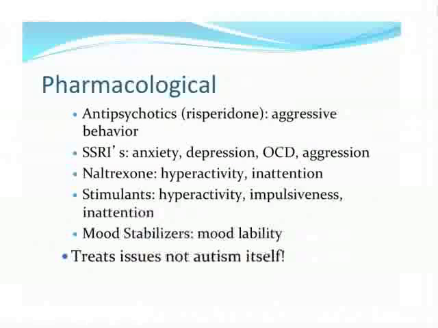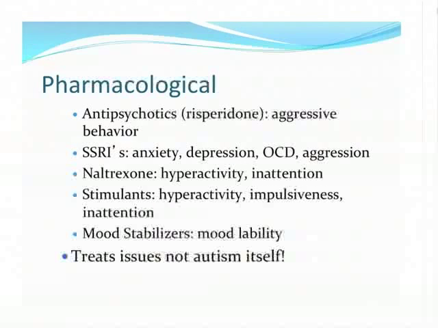Lastly, I just want to touch base on, again, the pharmacology aspect. There are a number of different medications that are utilized, and I've sort of broken them down into major categories. One of the primary major categories is antipsychotics, which are medications that were originally developed for use for individuals with psychotic disorders like schizophrenia.